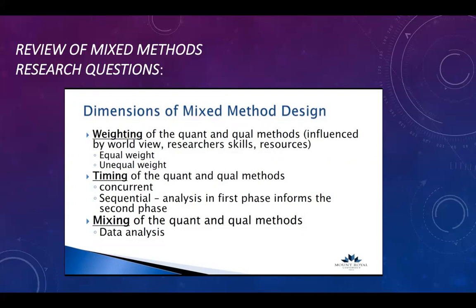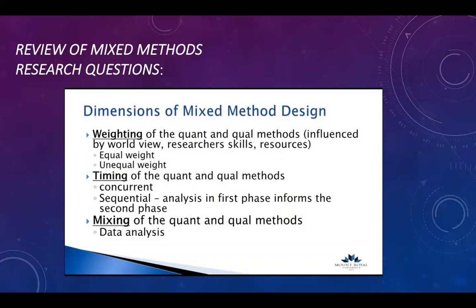It can be influenced by the researcher's skills, and it can be influenced by resources such as time and money. So we might have an equal weight between quant and qual, or we might have one method weighted more heavily. Timing is another aspect we're going to dive into a little deeper in a couple future slides, but we need to think about the timing of the quant and qual.